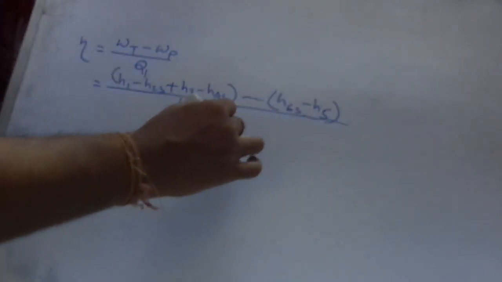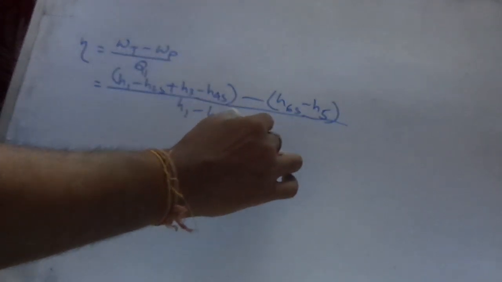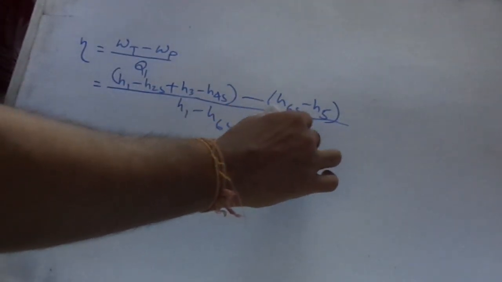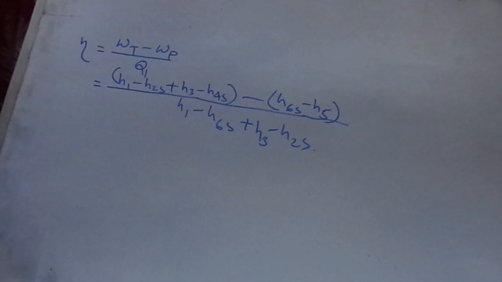Q1 is equal to, we know, H1 minus H6s plus H3 minus H2s. So that is the efficiency of the reheat cycle.